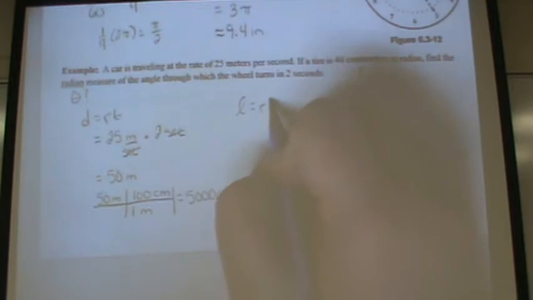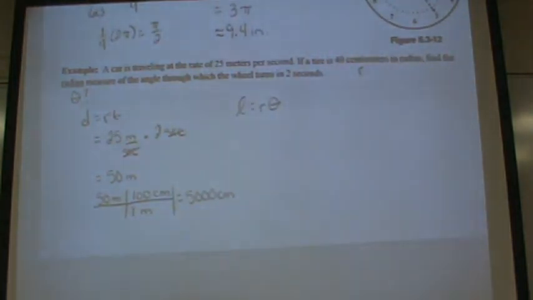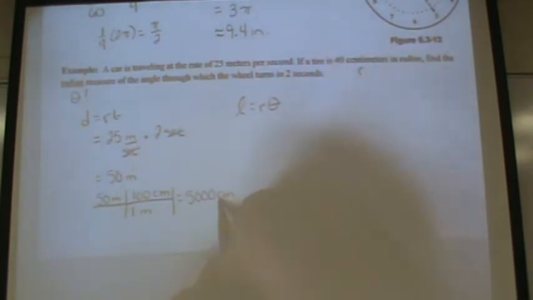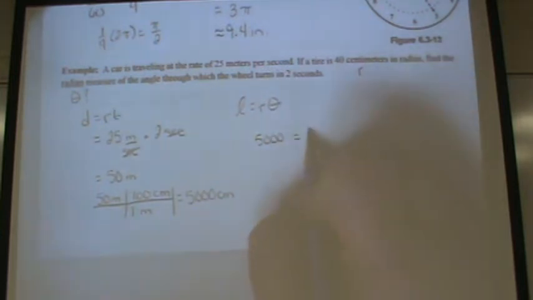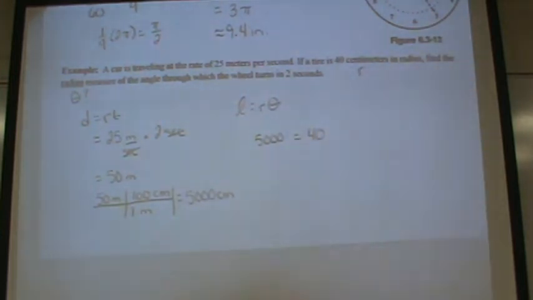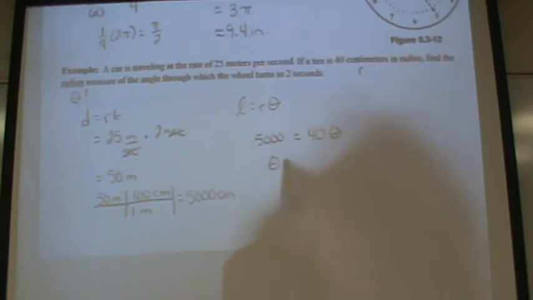So for L equals R theta, again, we're looking for theta in this problem. Our L we just found is 5,000, and our R was the original 40 centimeters that we were given, multiplied by the theta. So we're going to divide by 40, and you get theta equals 125.